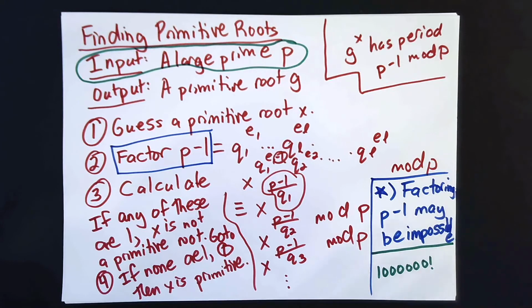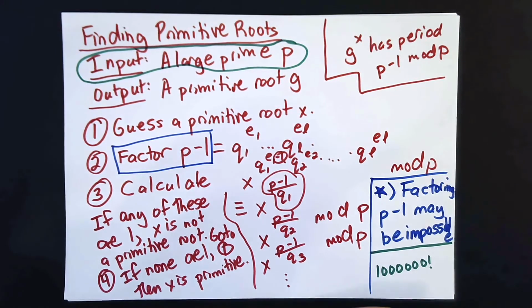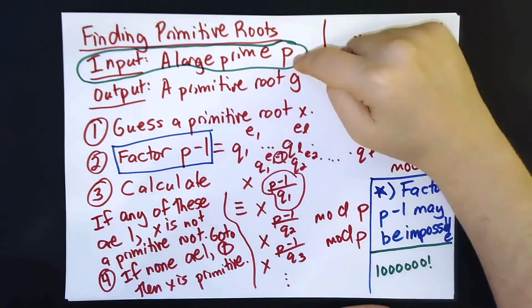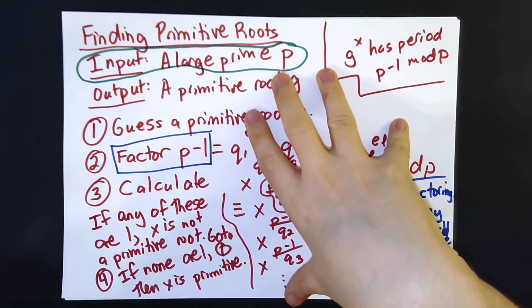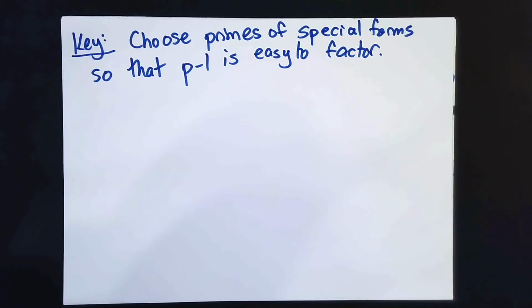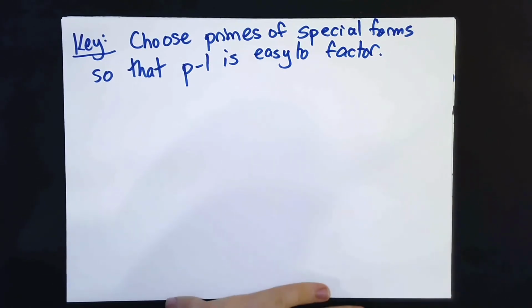But if instead of that, we deliberately look for primes where p minus 1 is easy to factor, then we can find one of those primes, and then run this algorithm on that, and then everything is easy, because all we have to do is raise things to large powers, and that's repeated squaring, and that we can handle.